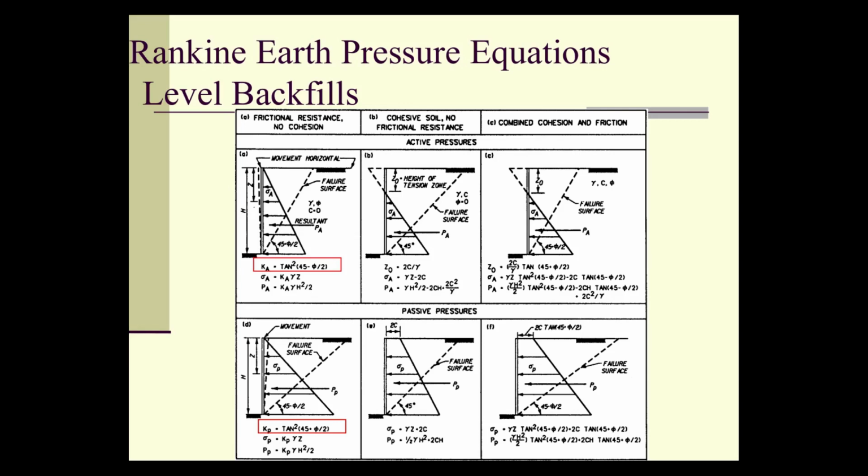If you combine the two, you still have that Z naught, but the only problem is that the Z naught is modified by the existence of internal friction in the soil. That's what that's all about. And that is, by the way, a practical application of the vertical cut theory we went through, which some of you were scratching your head thinking, why is he wasting our time on this? Now you know.